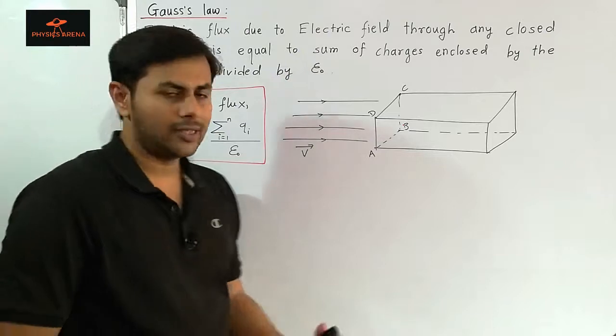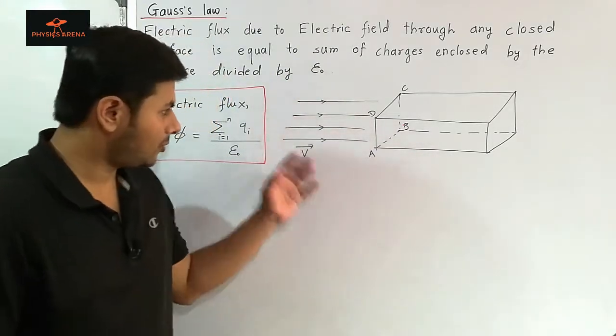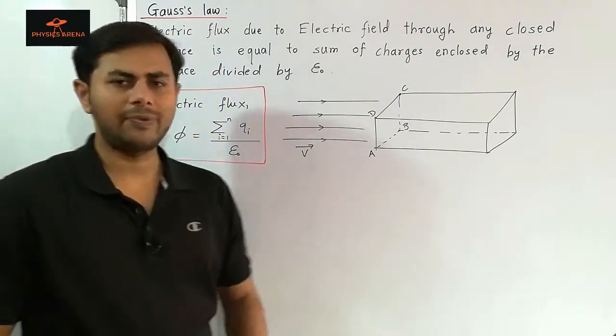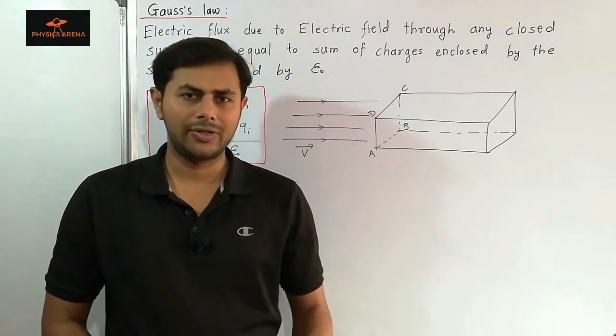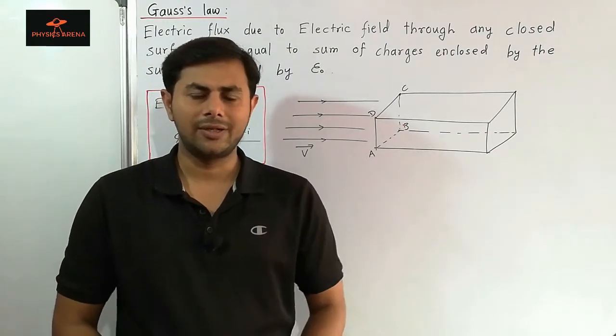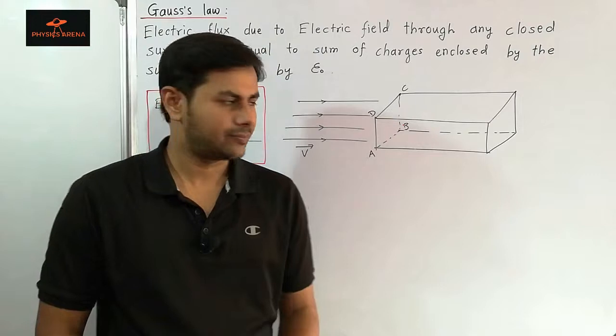Now flux of the fluid flowing through any surface is defined as the amount of fluid passing through that surface per unit time.